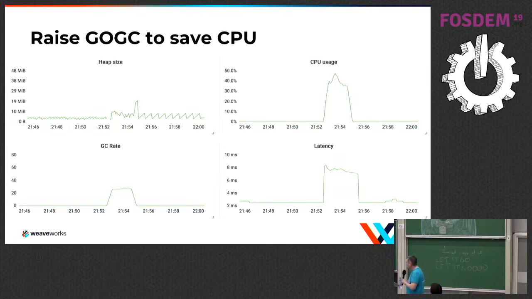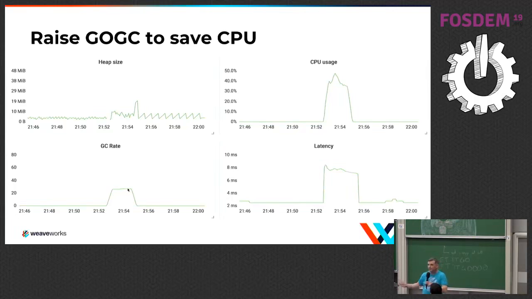GOGC equals 200. So now we're letting the program use twice as much heap, right? We can kind of see that sawtooth effect here. It's kind of leveling out at about 10. It's still not using very much more memory. But if you compare to the previous slide, it's garbage collecting half as often.